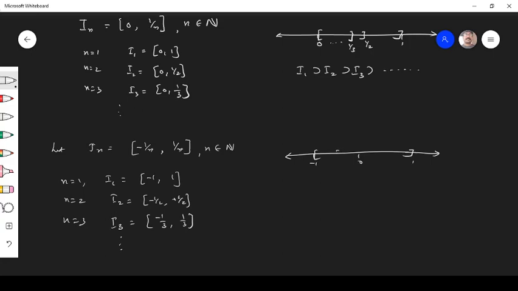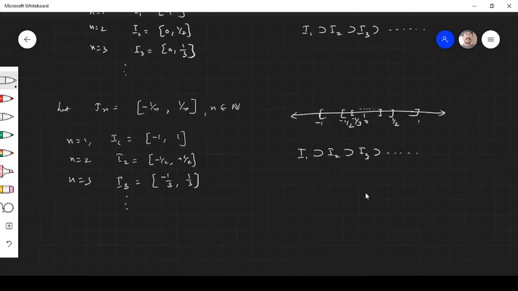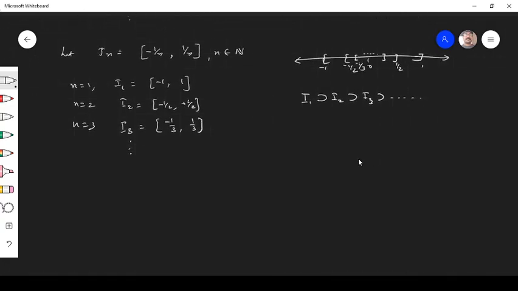The second interval is [-1/2, 1/2]. The third interval is [-1/3, 1/3], and it goes like this. Here also you can see that I1 contains I2 contains I3, and so on. Therefore this is also a nested sequence of closed intervals.